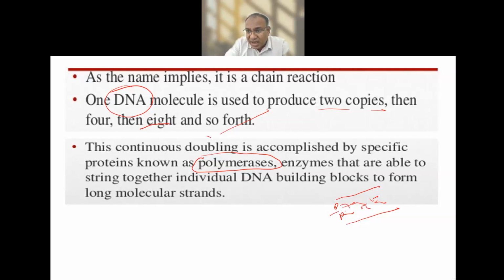The polymerase present here is going to replace all the nucleotides in a sequential manner so that one DNA molecule is replicated or amplified into two molecules. Then I have the two DNA molecules here. Then I use these two probes and polymerase enzymes so that it gives me four molecules. So I keep on synthesizing it.